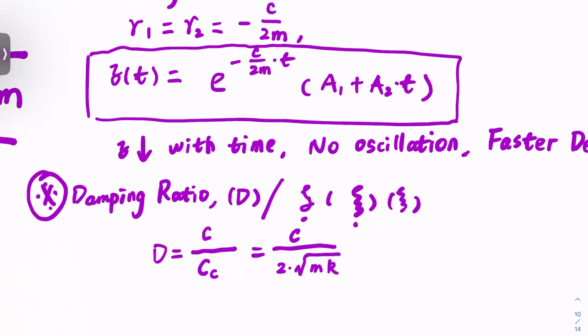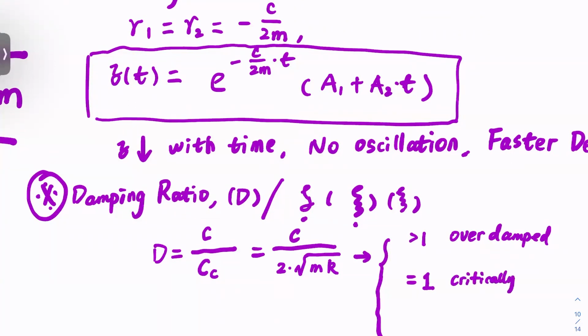So that's the damping ratio, usually in percentage. And then if it is more than 1, it is overdamped. If it is 1, critically damped. If it's less than 1, it's underdamped.